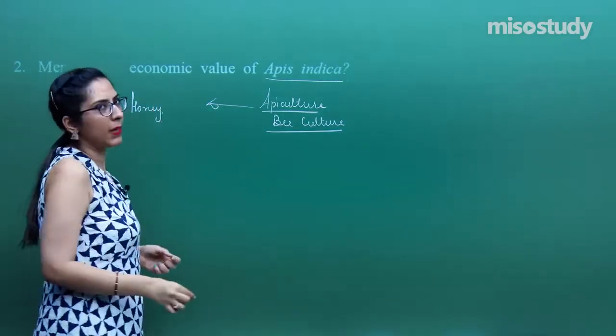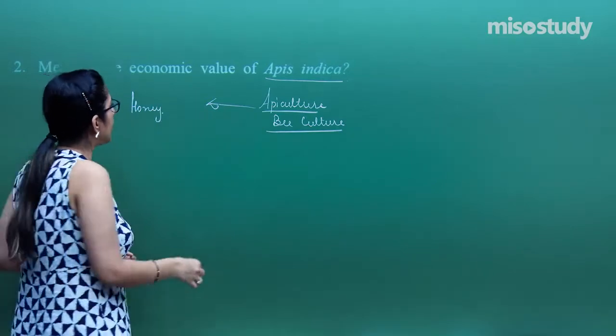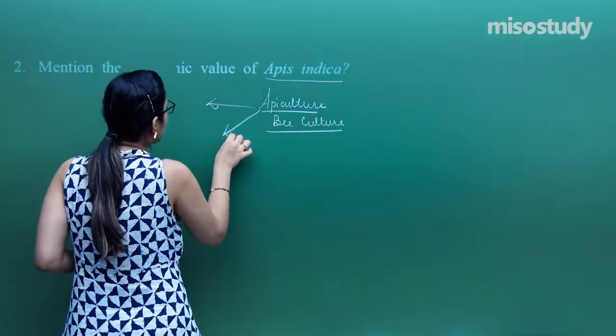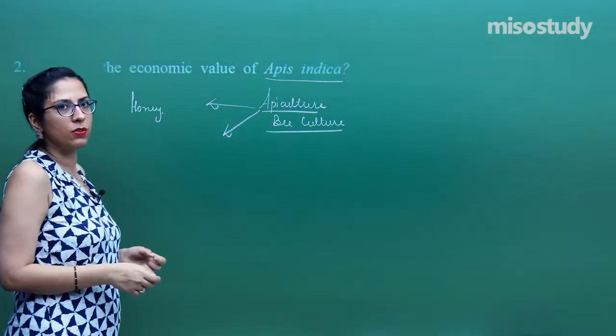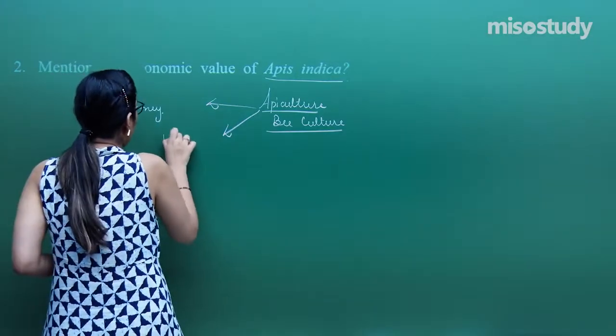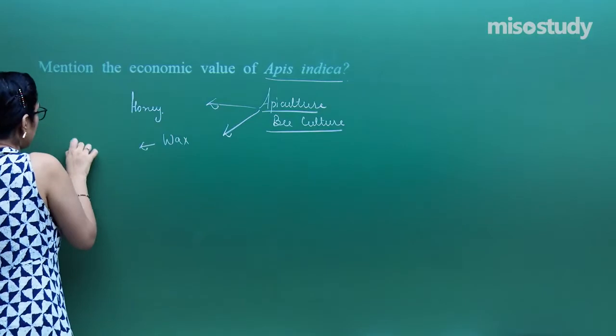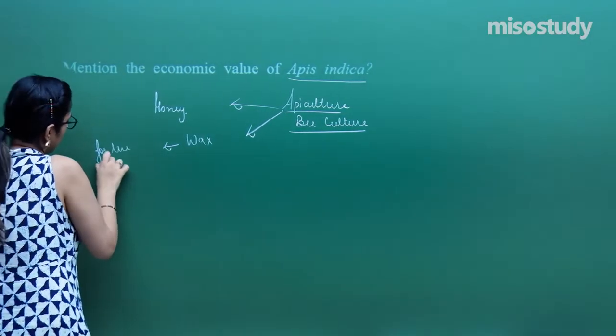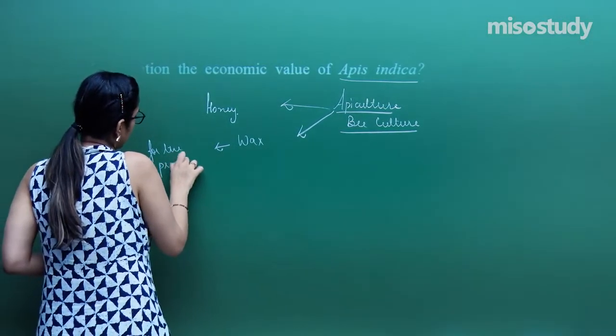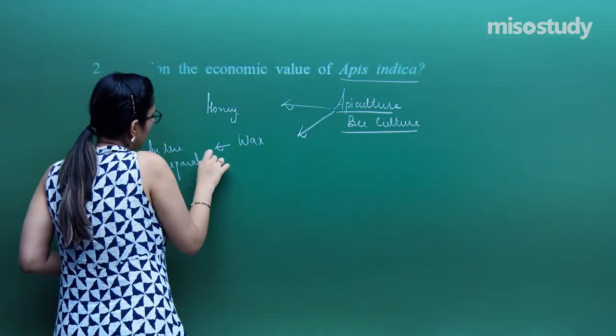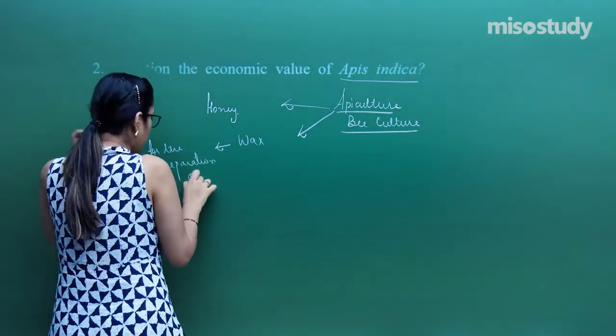Honey has antibacterial properties, whereas they are also cultured for another thing, which is wax. And wax is used for the preparation of cosmetics.